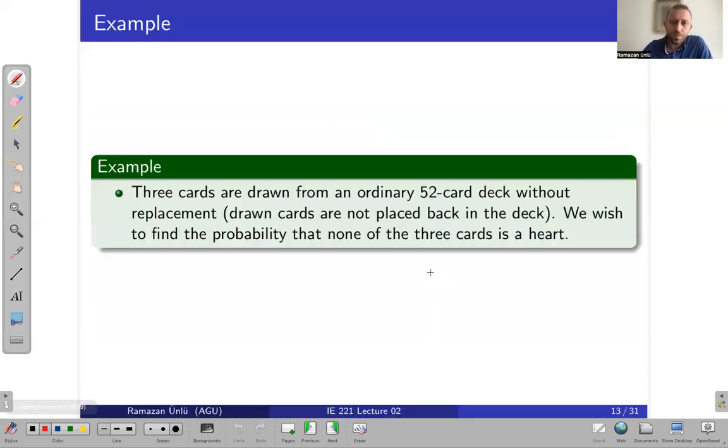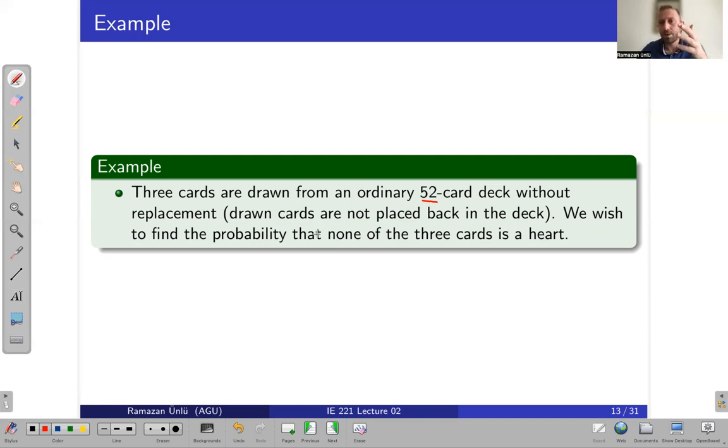Let me give you an example. Let's say we have a deck of 52 cards, and we will draw 3 cards without replacement. Without replacement means that when we draw a card, we will not replace it, and then we will draw the second card.